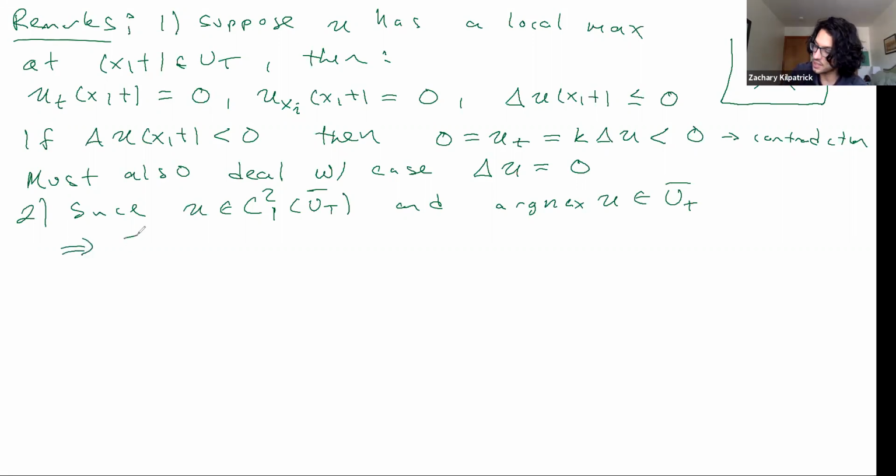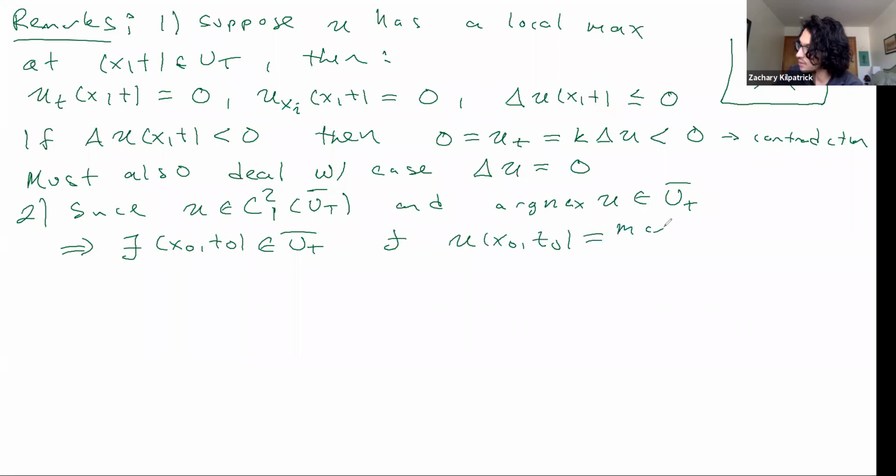This implies that there exists some x0, t0 in the closure of U sub t such that u of x0, t0 is equal to the max over the closure of U sub t of u.